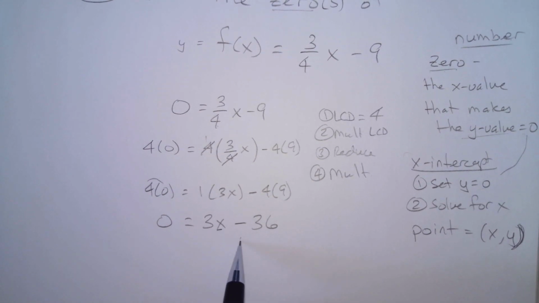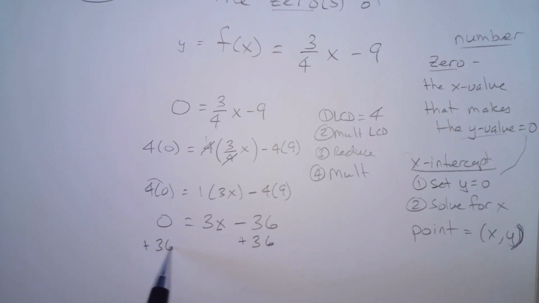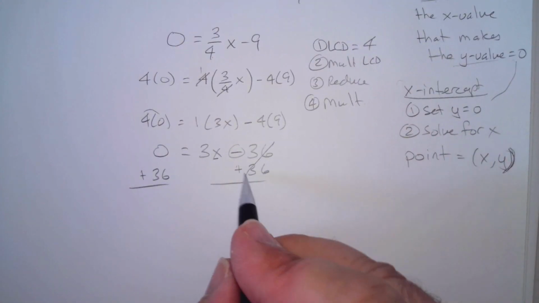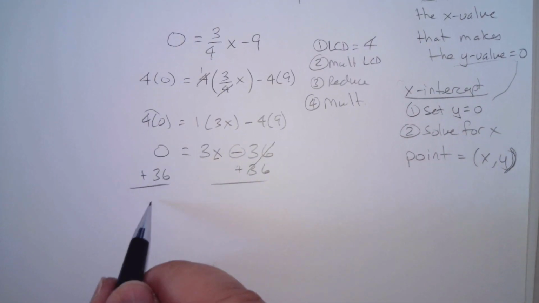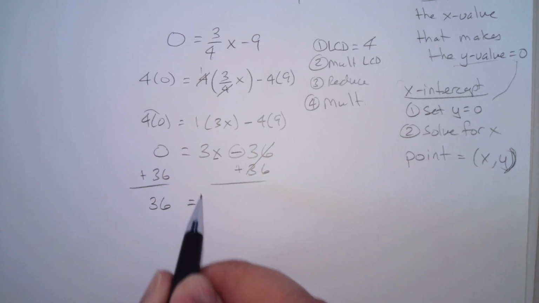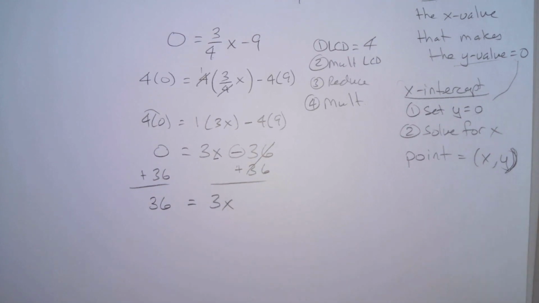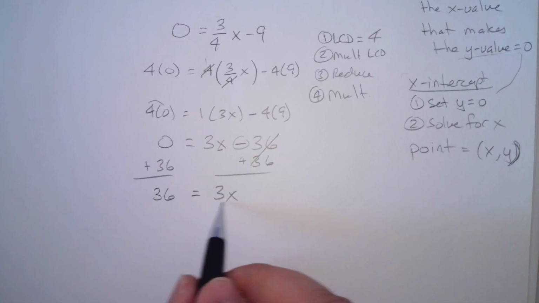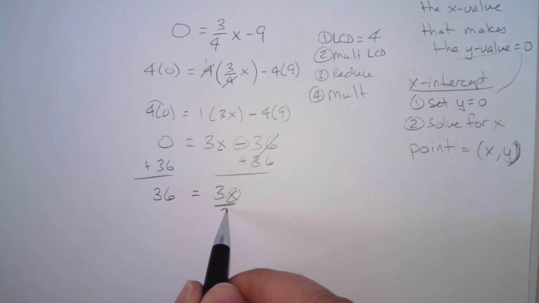We're solving for x. Add 36 to both sides, because there's a negative in front of that one. So those cancel. 0 plus 36 is 36, equals 3x. Get the x by itself, divide by 3.